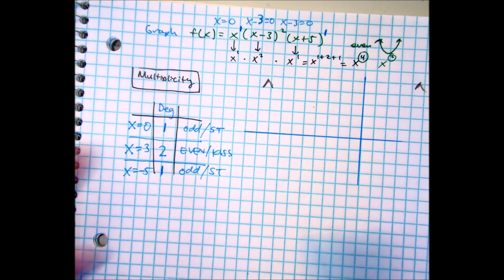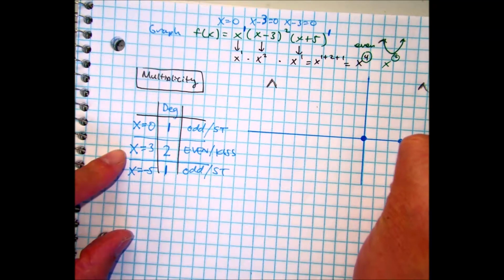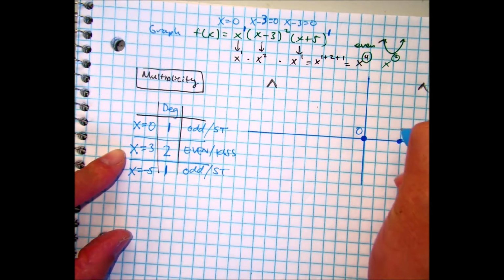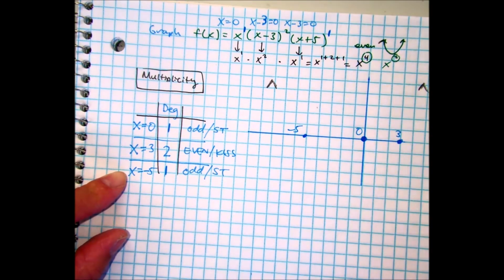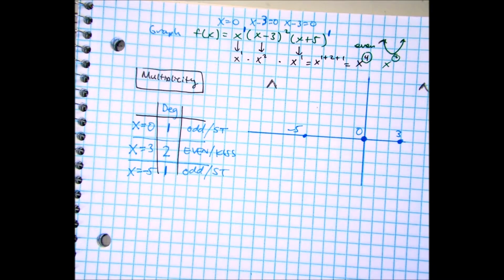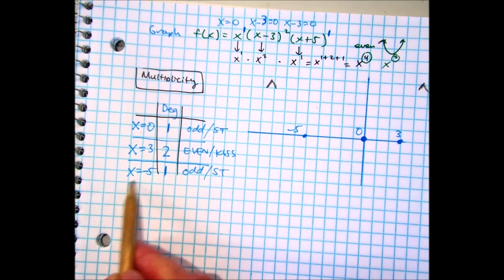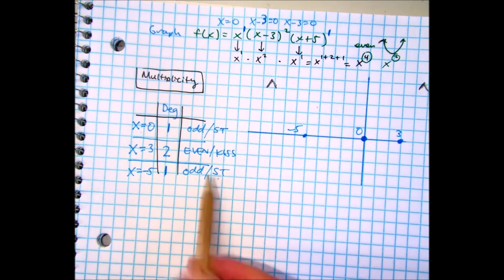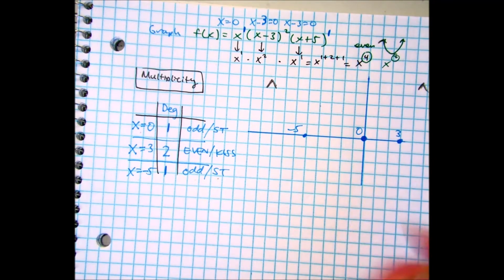Okay, and now I'm going to go ahead and draw my x-intercepts. Let's write the numbers there, 0, 3, and negative 5. So when I approach -5, I'm going to shoot through the x-axis. So here's my starting point. I need to get to the other arrow. I'm going from left to right.